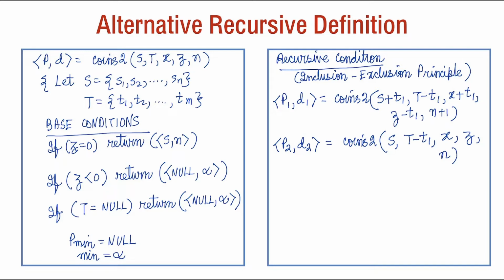So one is inclusion, one is exclusion, and then I choose the minimum of whatever I get from this side and from this side.